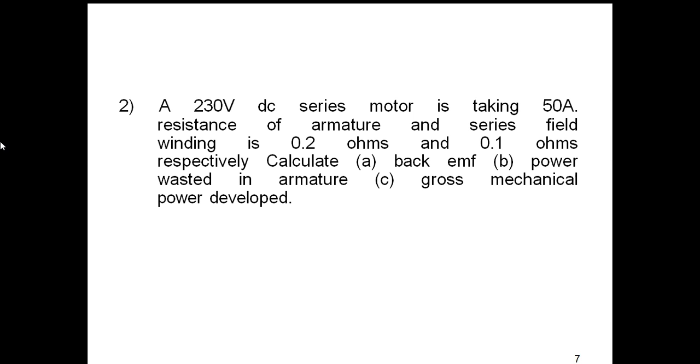Now let us see what is the given data. First of all, this is a series motor and the voltage given is 230 volts and current is 50 amperes.